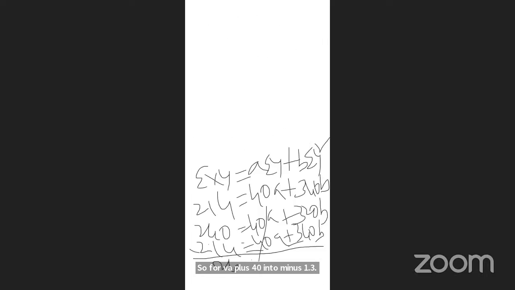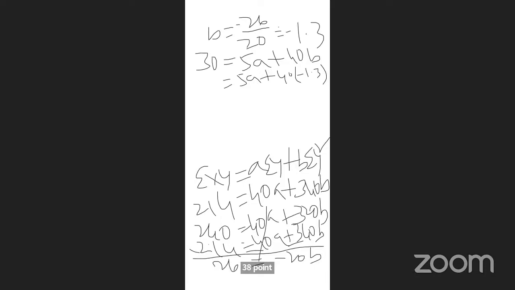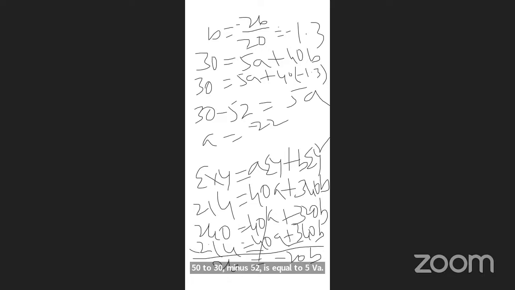So now 30 minus 40 into 1.3 is how much? 40 into 1.3 is 52. So 30 minus 52 is equal to 5a, which is minus 22.